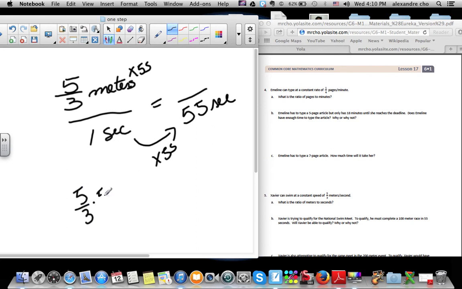5 over 3 times 55, and you can put that over 1, and you get 275 over 3. Well, let's simplify that by changing it to a mixed number. 275 divided by 3 means it can go in 91 times, and 2/3.